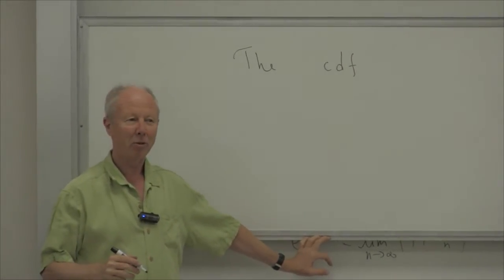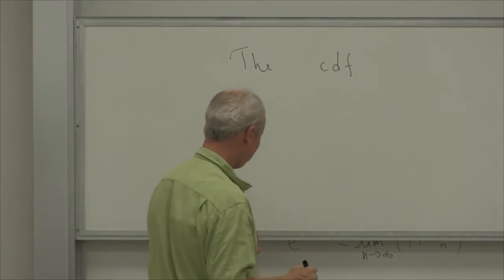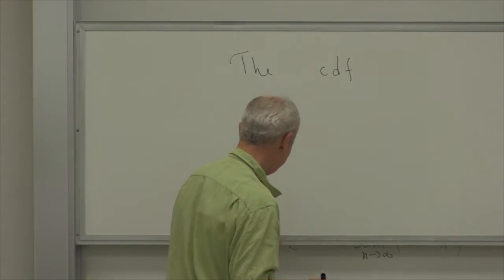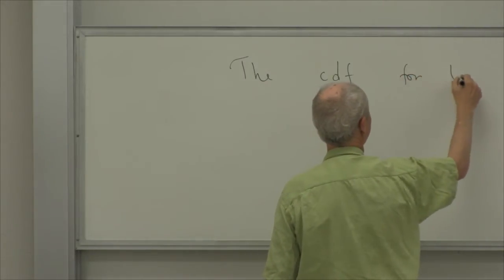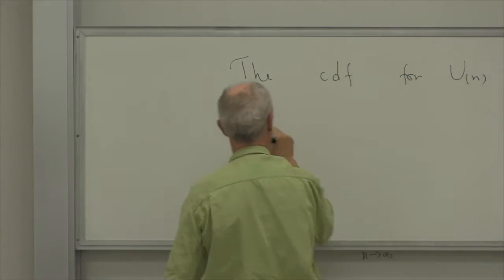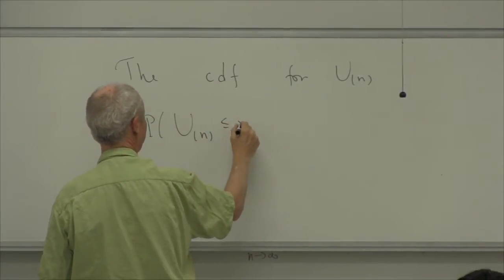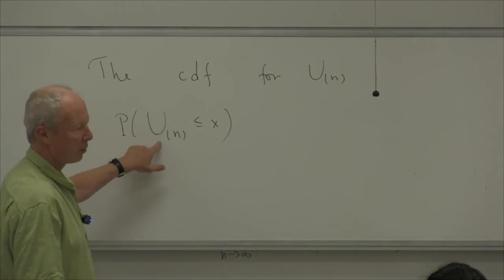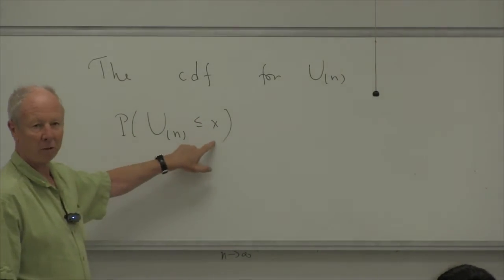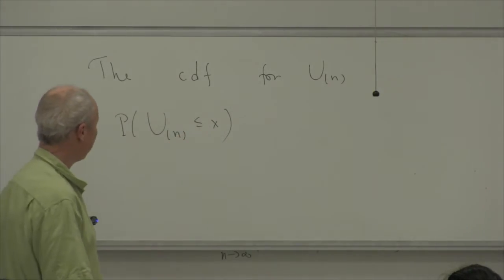Okay, cumulative distribution function. Well, the CDF for any random variable is this. If you put the random variable here, it's the probability that the random variable is less than or equal to x. It's a function of x. It's this function of x we're interested in.